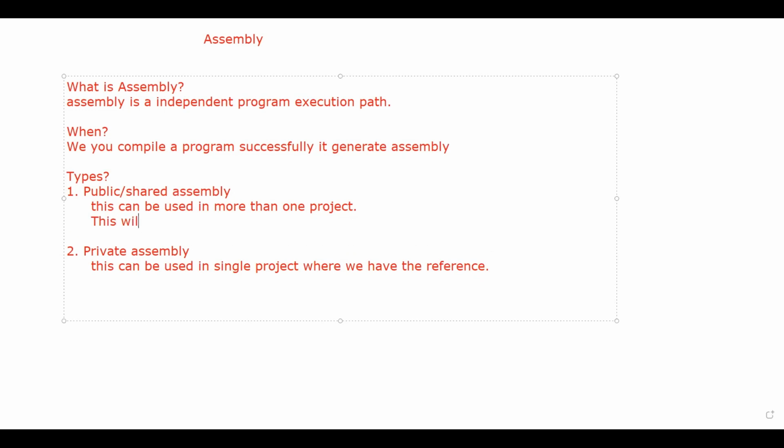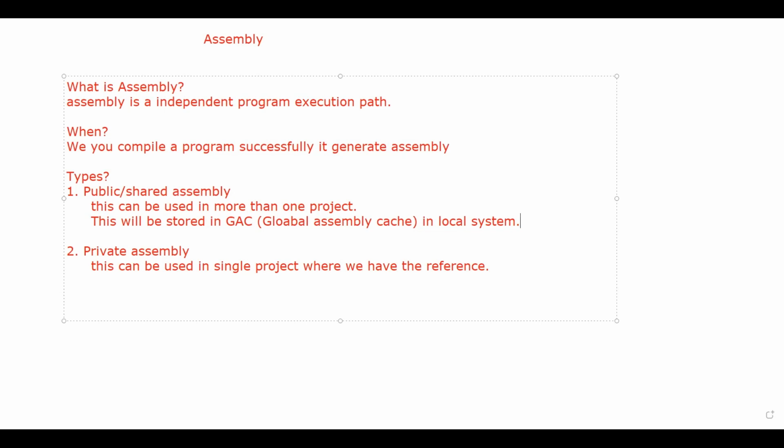This will be stored in the GAC, the Global Assembly Cache, in the local system. So it can be shared across all the projects. That is the GAC, Global Assembly Cache.